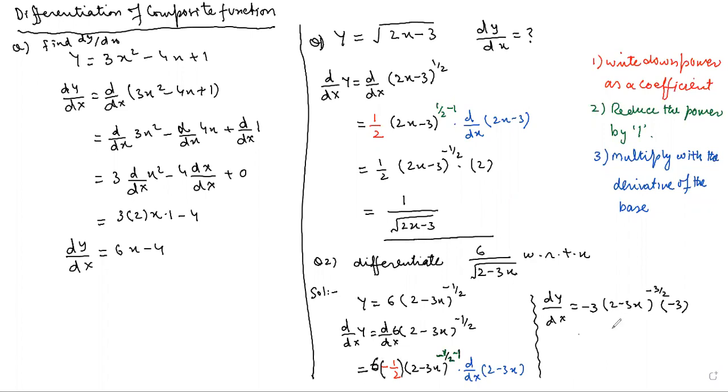So the final answer is 9 over 2 minus 3x power minus 3 by 2. Now I will elaborate this process with 2 more examples.